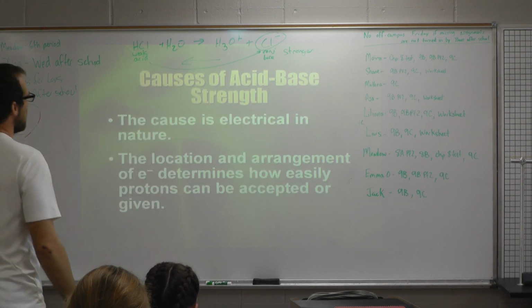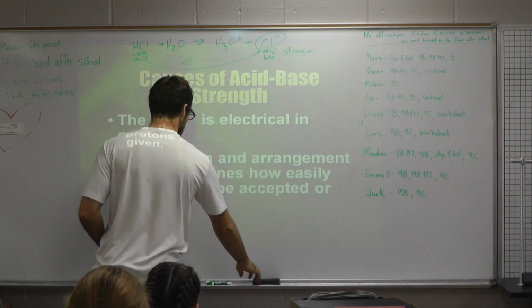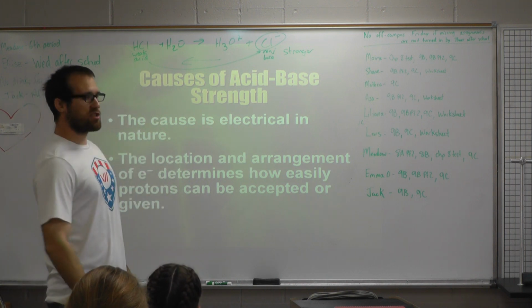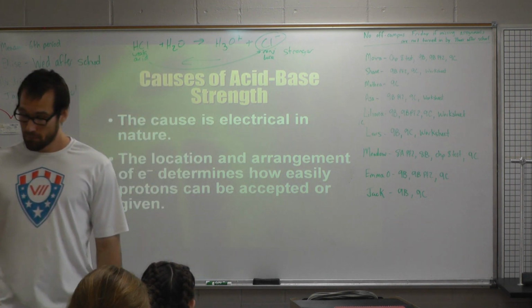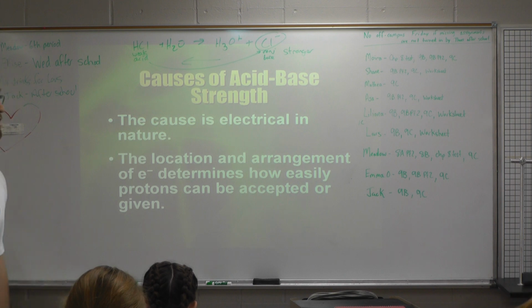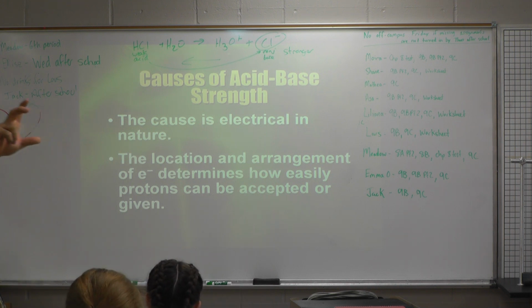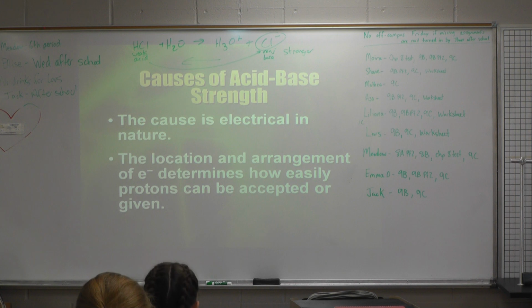Now, the real reason, I'm not going to talk a bunch about this, but the strength ultimately comes down to electrical charge. Okay? Things that are not as attracted to each other are easily going to give off their hydrogen, and it's due to the idea that positives and negatives attract. That should make sense.